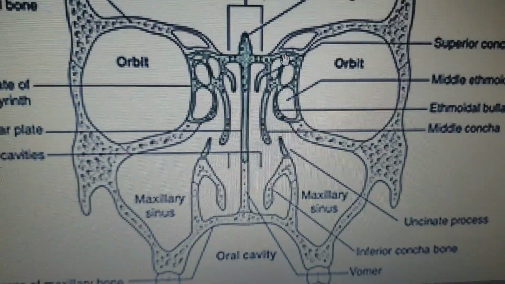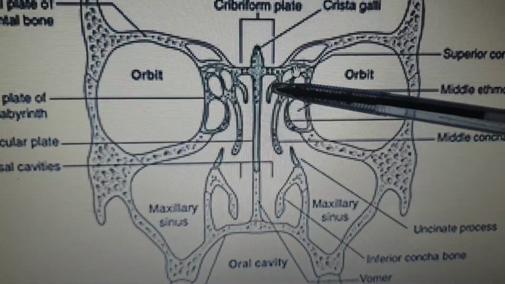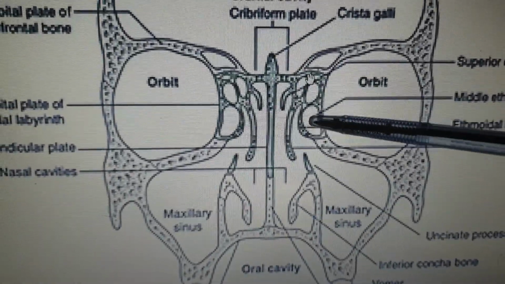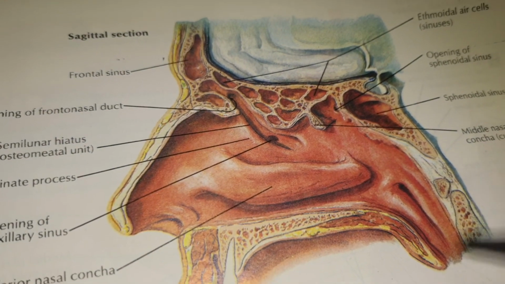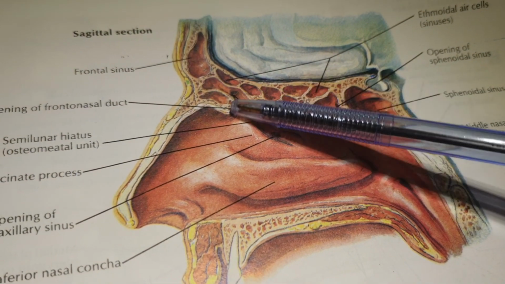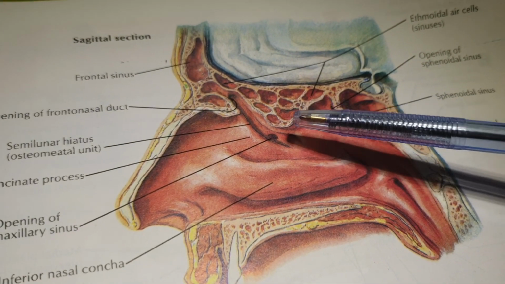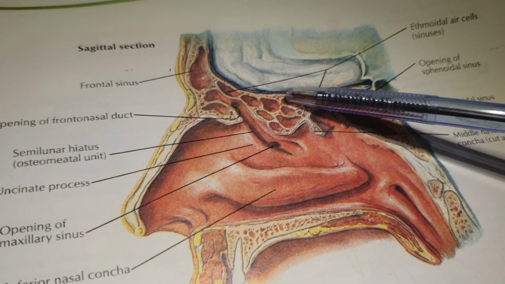Now in the next diagram I will show you a picture in which both these concha and part of this bone have been removed, so you will be able to see all the air cells of the ethmoid bone. Now in this diagram you can again see the lateral wall of the nasal cavity, in which both the superior and the middle concha have been removed, and you can clearly see the ethmoidal air cells.